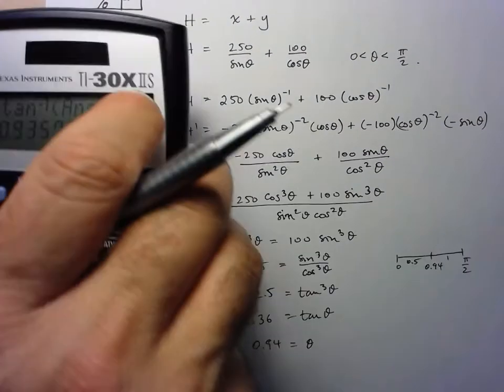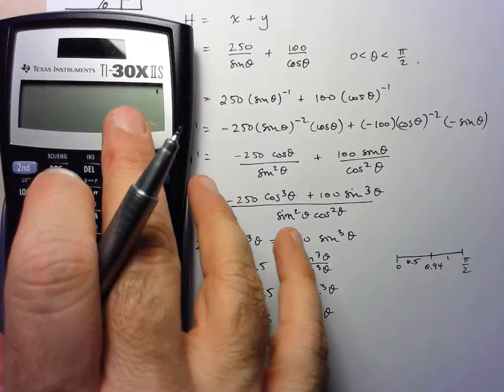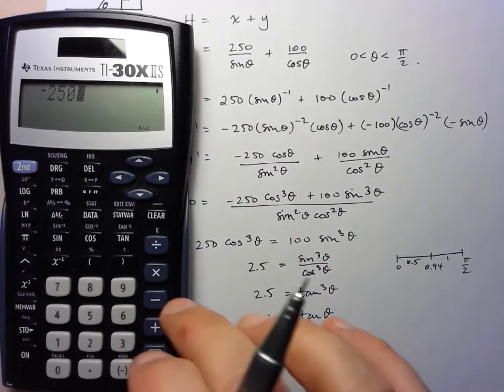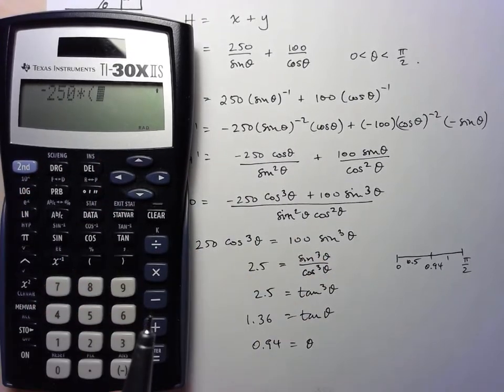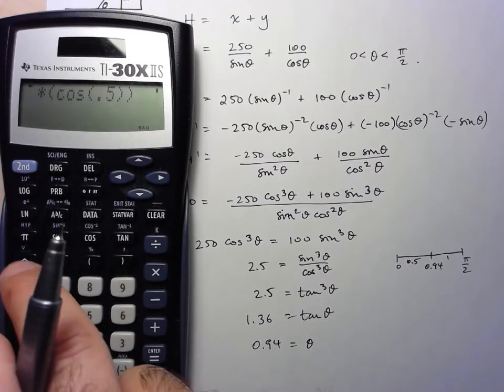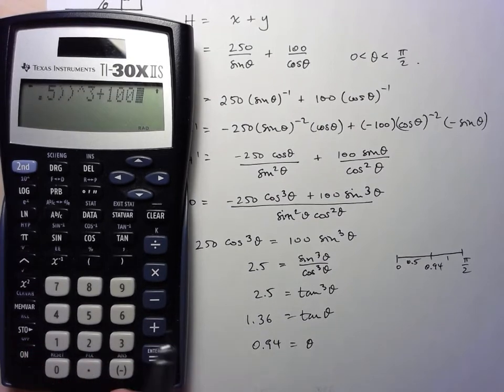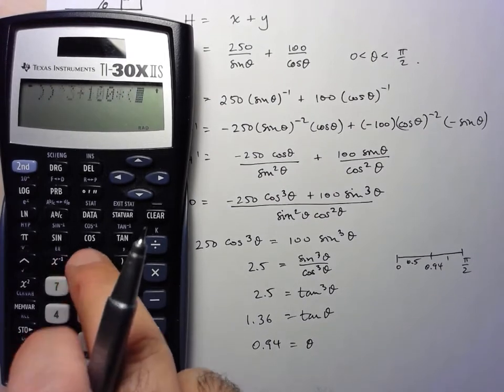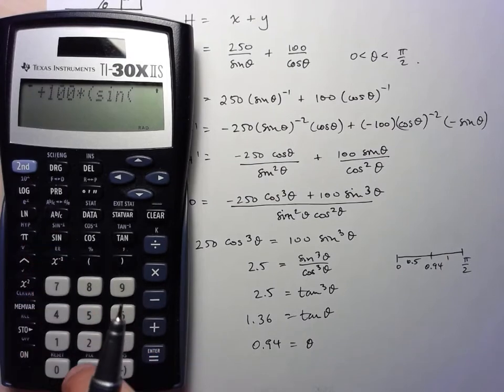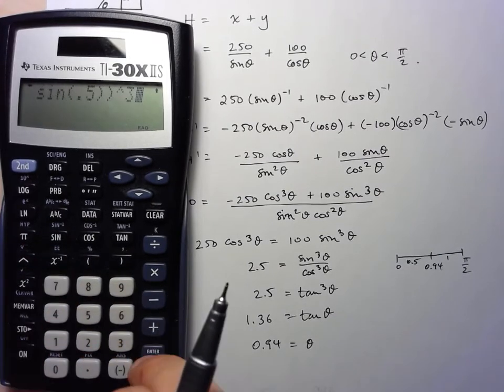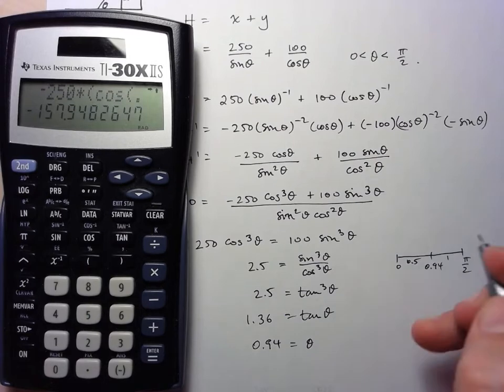Let's do negative 250 times cos of 0.5 all cubed, plus 100 times sine of 0.5 all cubed, and we end up with something negative, so that's a good start because I do hope that this is going to give me a minimum.